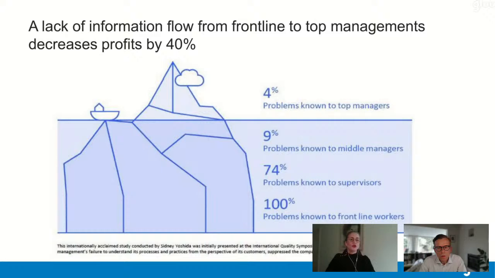It's not until you reach your frontline employees that you actually know everything that is going on. So it's very important to establish that feedback loop going from top management to frontline employees and back to top management to be able to make the right adjustments to your processes, but also to your overall strategy.